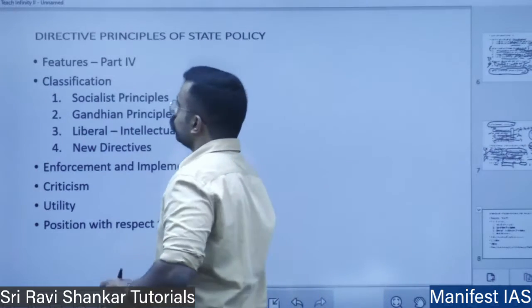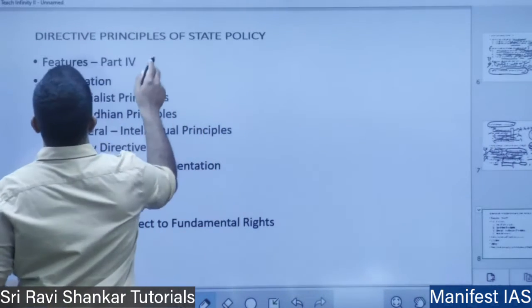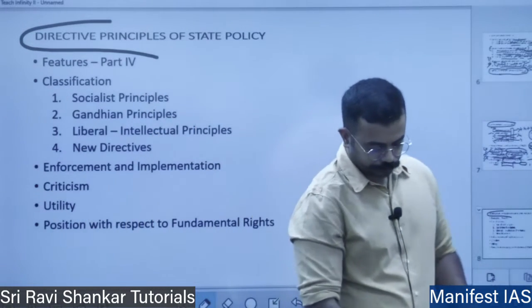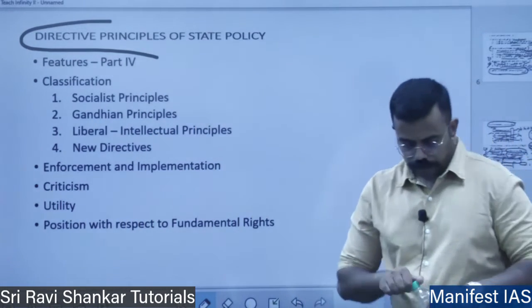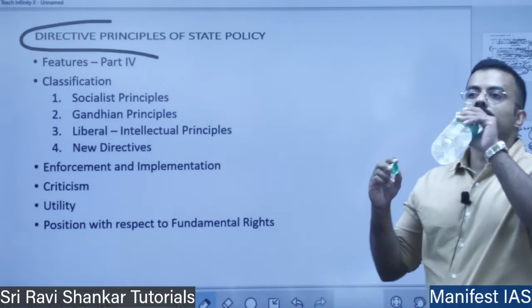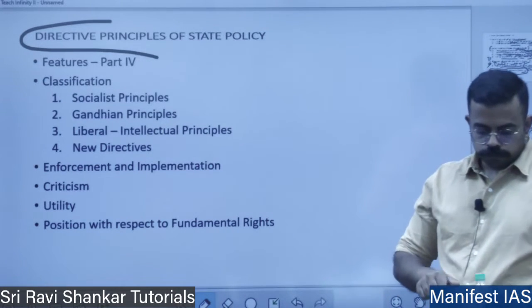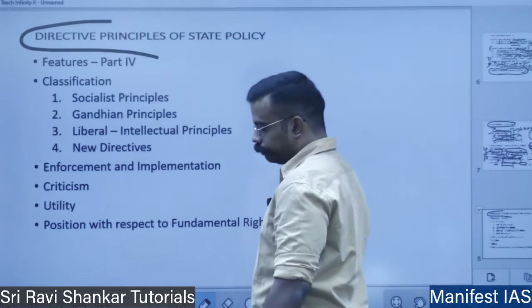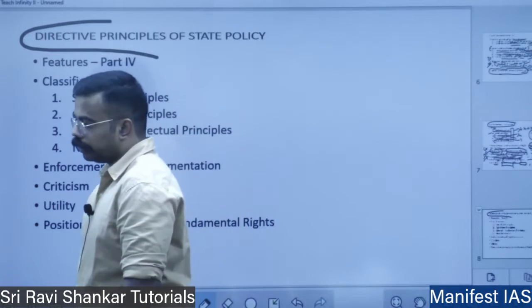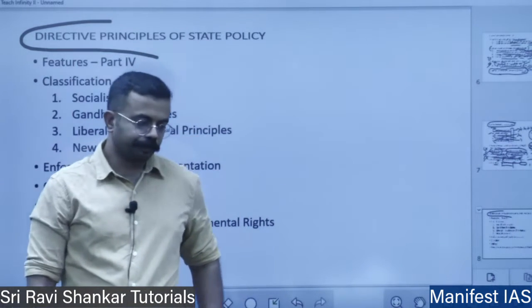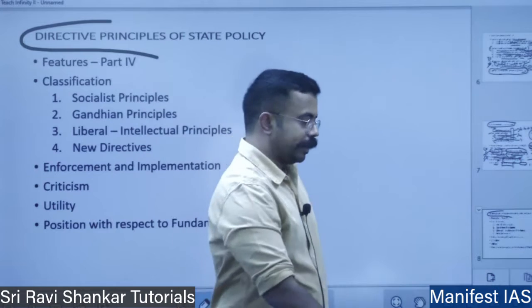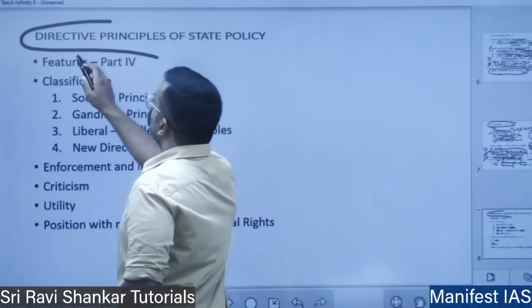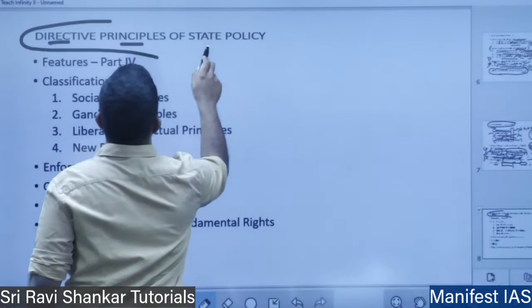Next, we will move towards the directive principles of state policy. So what are directive principles? We have to look at the words first. Directive principles, state policy.